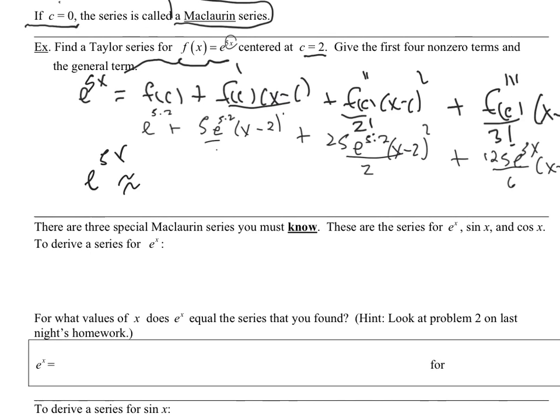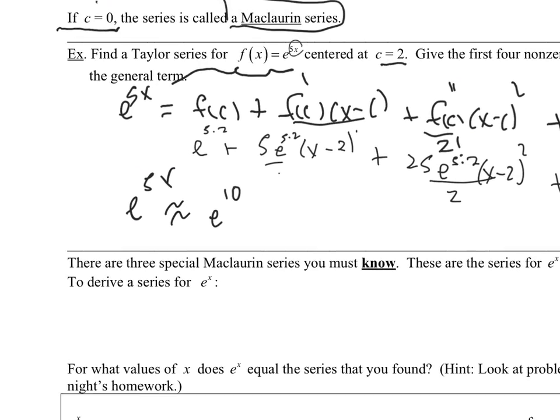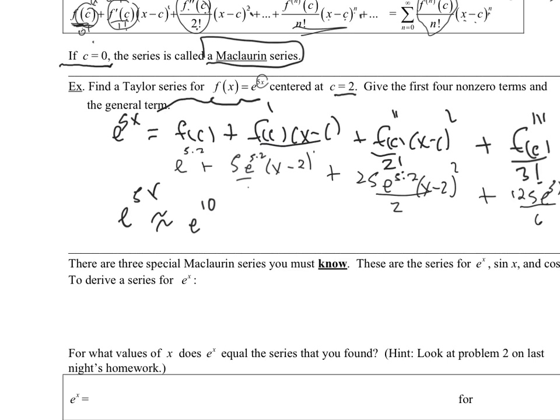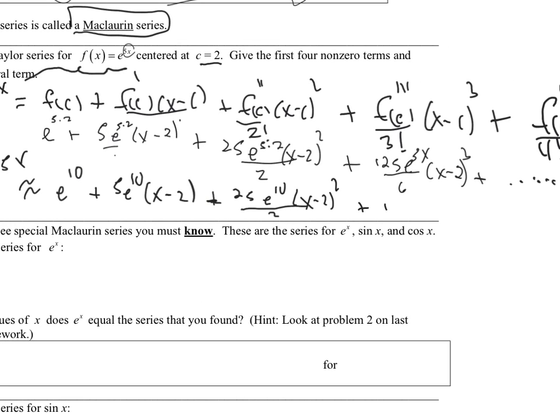The terms: e to the 10, plus 5e to the 10, that's non-zero, plus, I don't know how you're going to handle 25 over 2, I'm going to keep it the way it is, 25 e to the 10, x minus 2 squared over 2, plus 125 e to the 10 over 6 x minus 2 cubed.